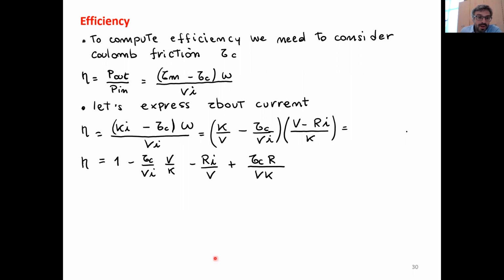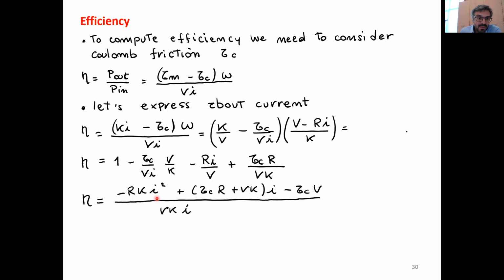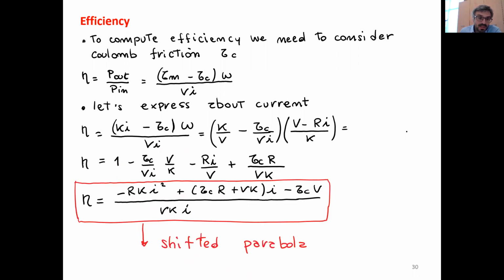And if we rearrange this expression, we find out that we have a quadratic expression divided by a linear expression. If we want to find the maximum of this, we see that it is a parabola, but not quite a parabola, but a shifted parabola, a little deformed one.